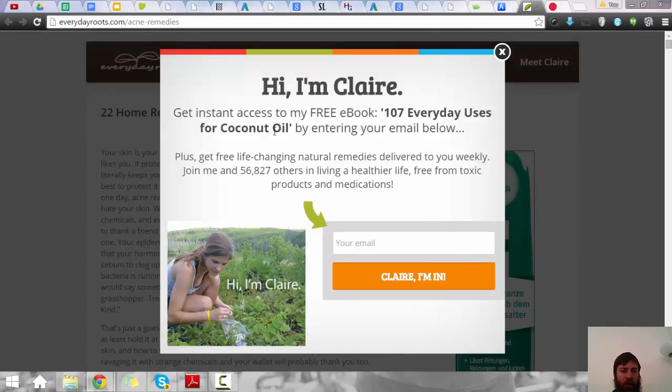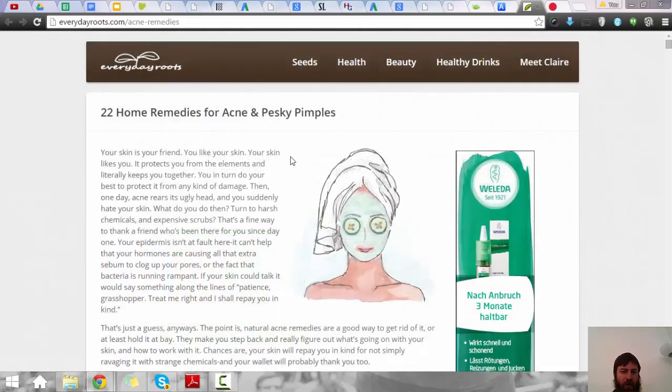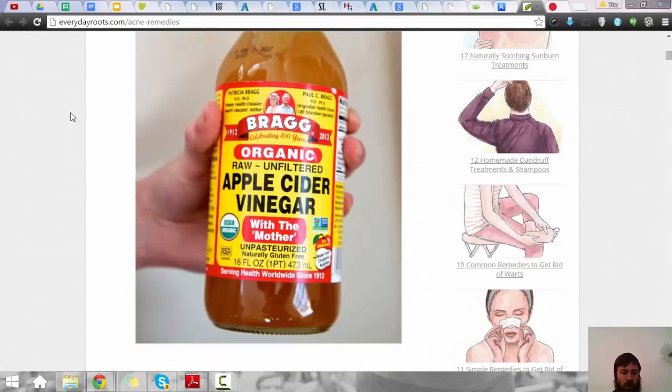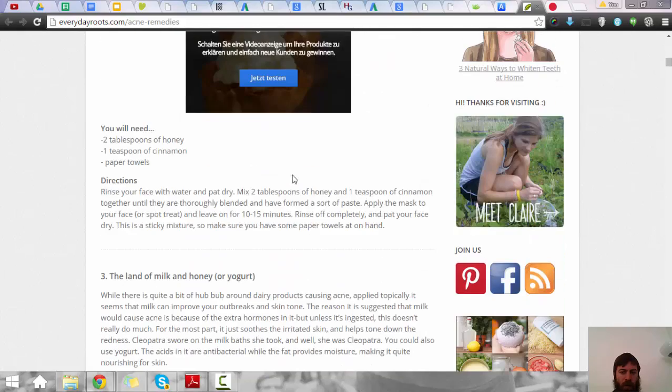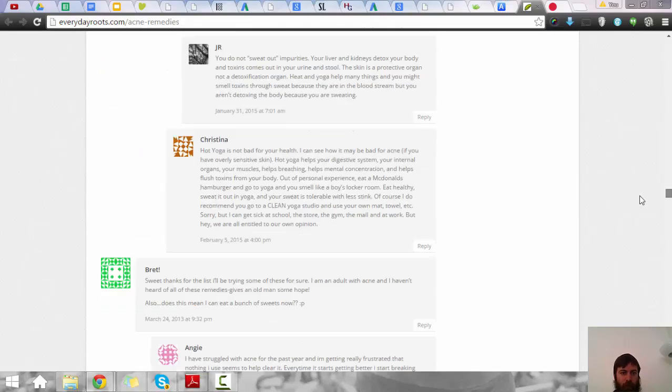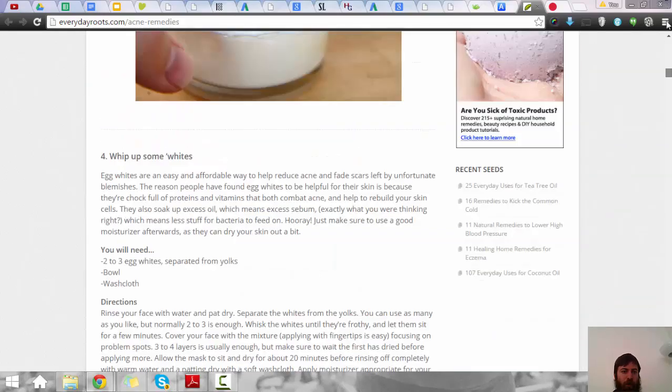Hi, I'm Claire. Coconut oil. 107 everyday uses for coconut oil. So that's pretty cool. Is it an acne treatment though? Not sure.